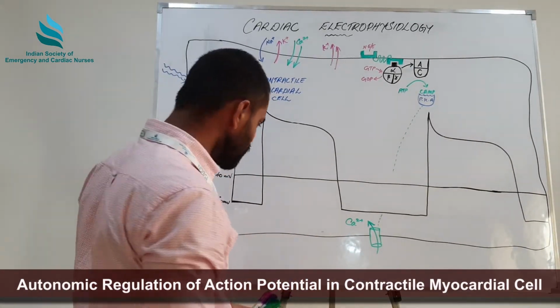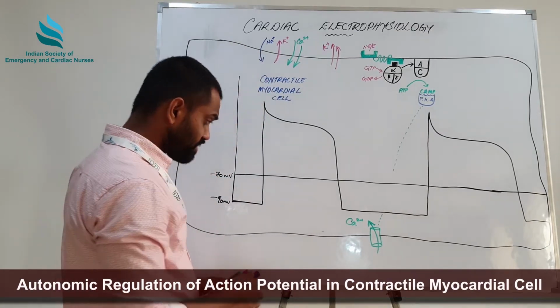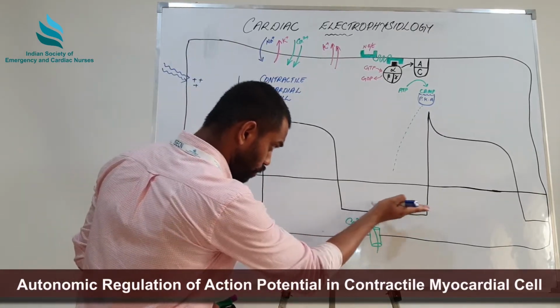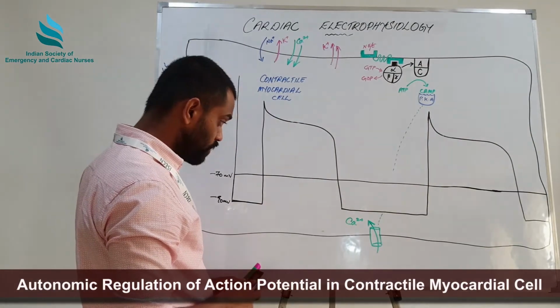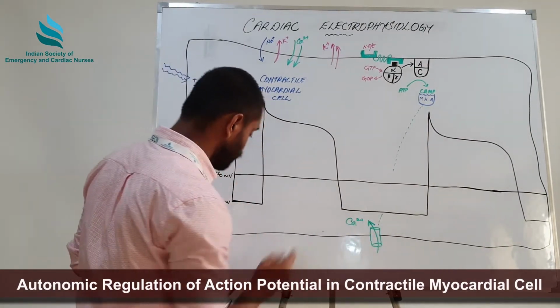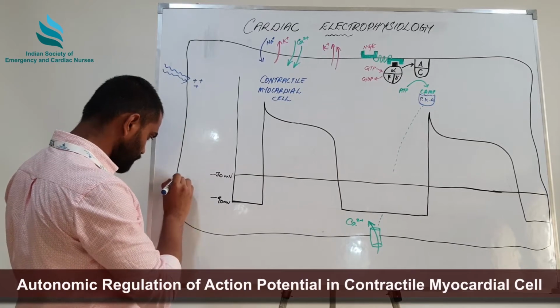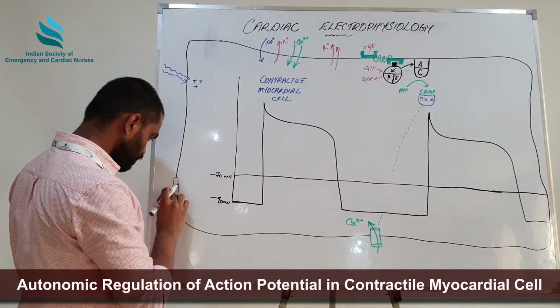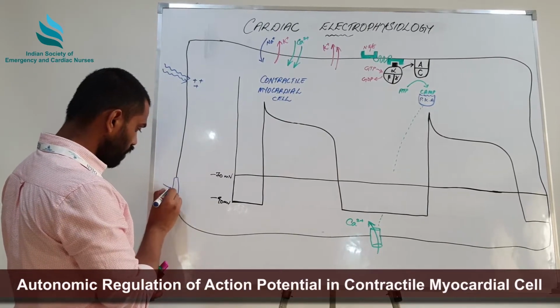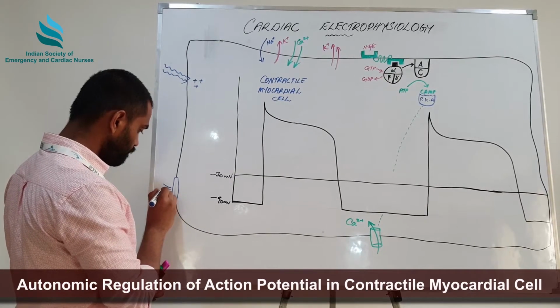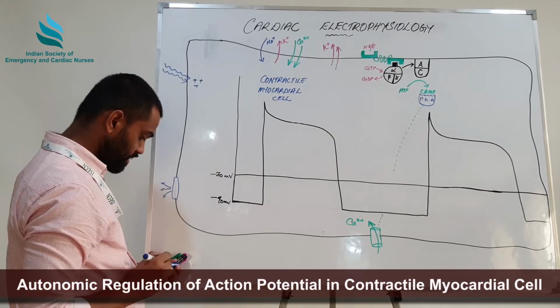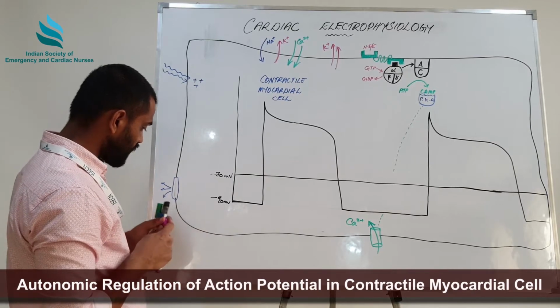Now, just imagine the resting phase, this is phase 4, the resting phase of the cell. So what are the things which are active in phase 4? Here we have the sodium potassium ATPases, which is throwing out sodium and gaining in potassium.